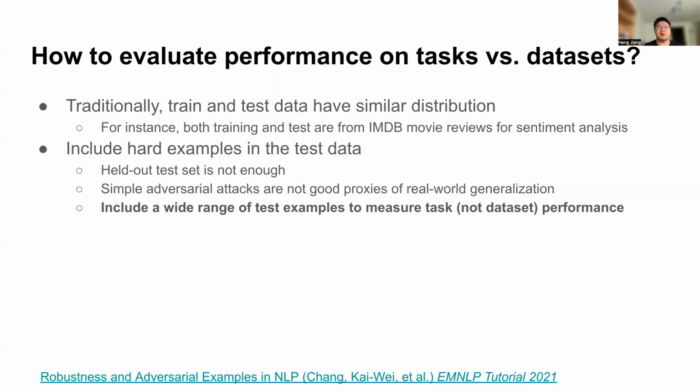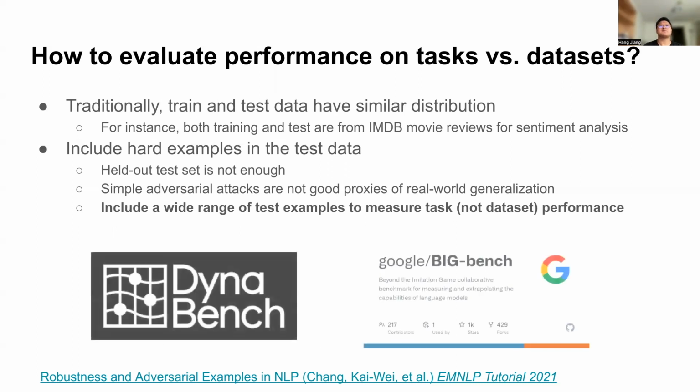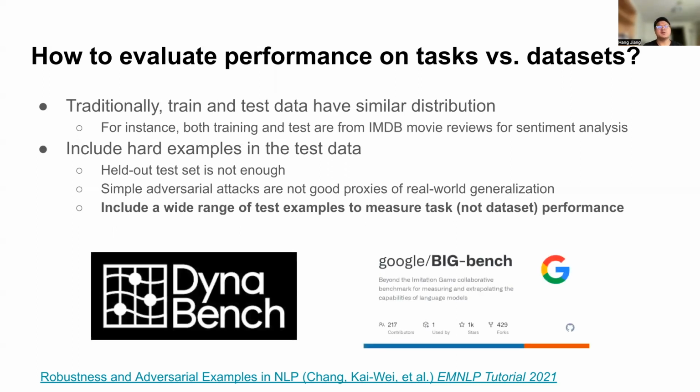They will draw examples from difficult domains, more difficult, longer sentences, or slightly different dialects to make the task measurement more comprehensive. Some good examples are Dynabench and BIG-bench. They show people how to evaluate models more comprehensively.